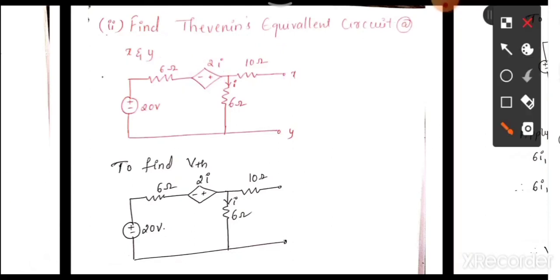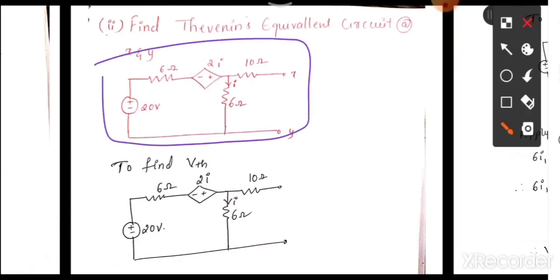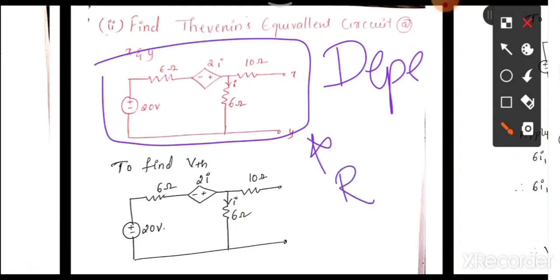Now, remember one thing, there is a dependent source. Note down, if we have a dependent source, then RTH or ZTH cannot be calculated how we used to calculate in earlier cases.